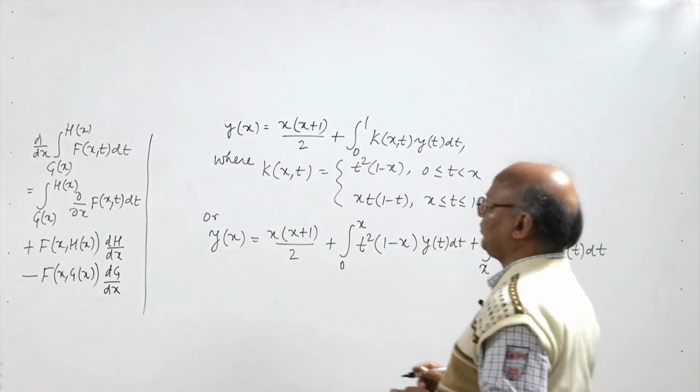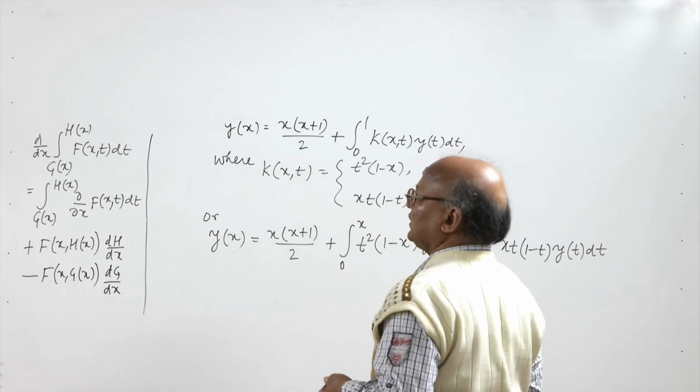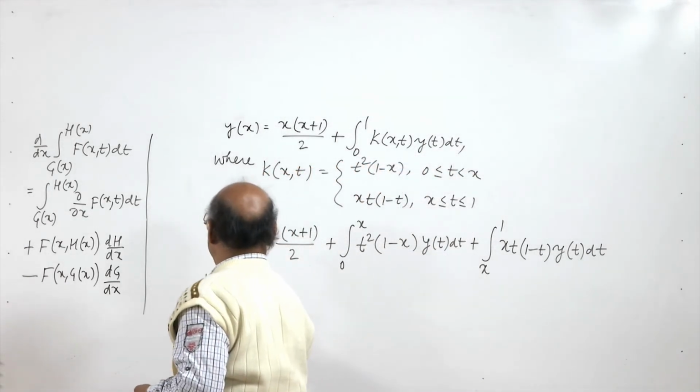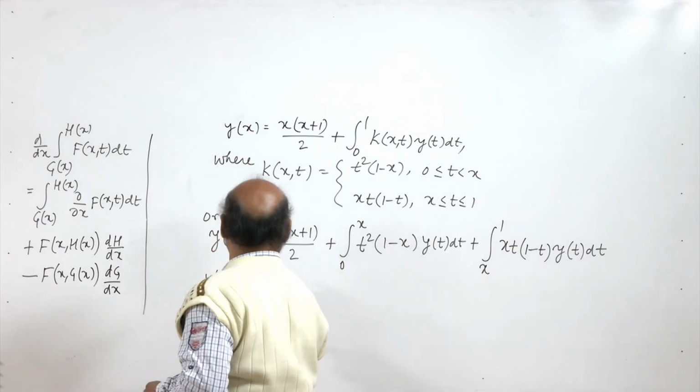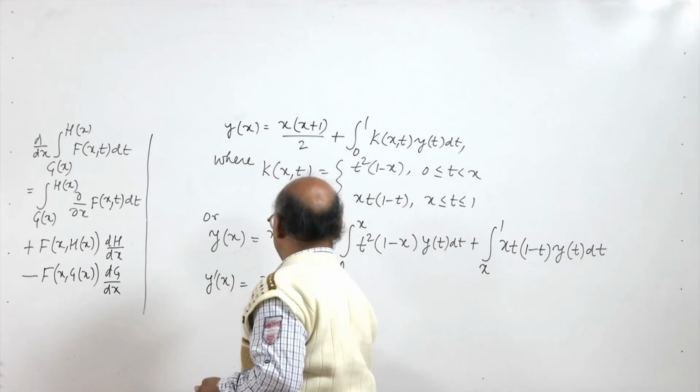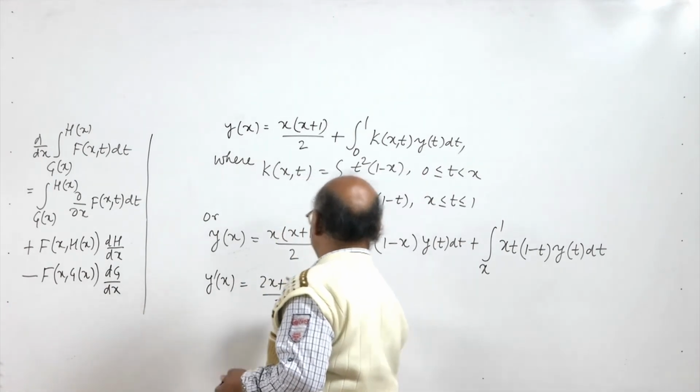Now we have to differentiate this in order to get the boundary value problem. So, let us differentiate it with respect to x. So, y dash x equal to, this is x square plus x, so 2x plus 1 by 2 when we differentiate.